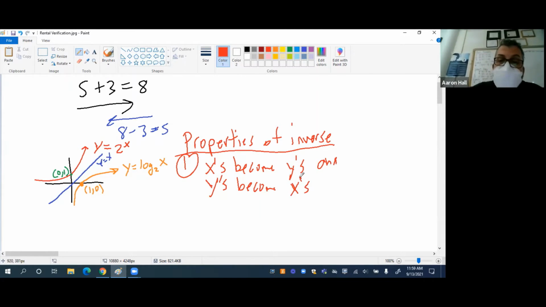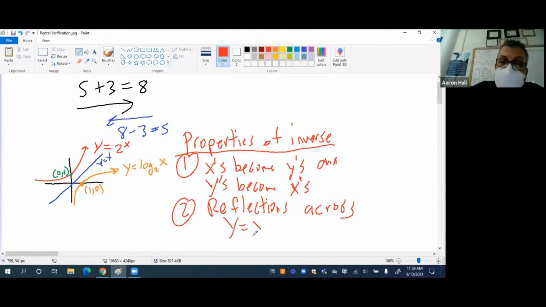That's one of the important properties. They are also reflections of each other across y equals x. That's an important property of inverse functions.